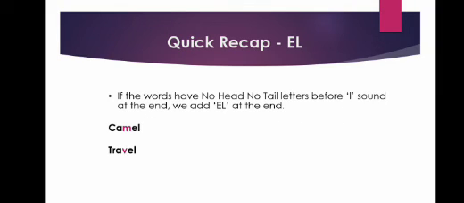Now the next is the words ending with EL. Generally, if the words have no head, no tail letters before the L sound, they normally end with the letters EL. Look at this example. Camel, M is a no head, no tail letter. Similarly, travel, V is a no head, no tail letter.